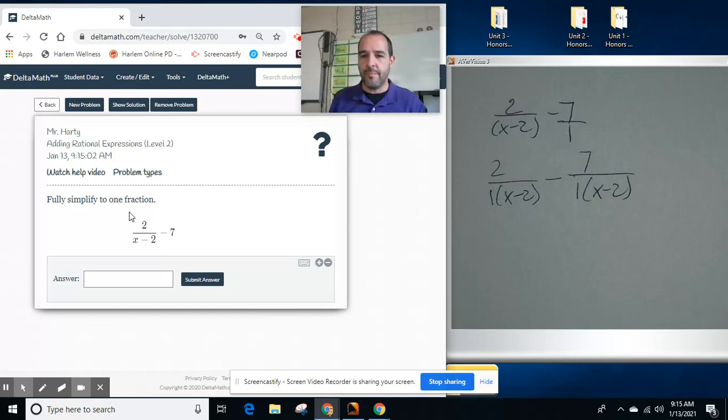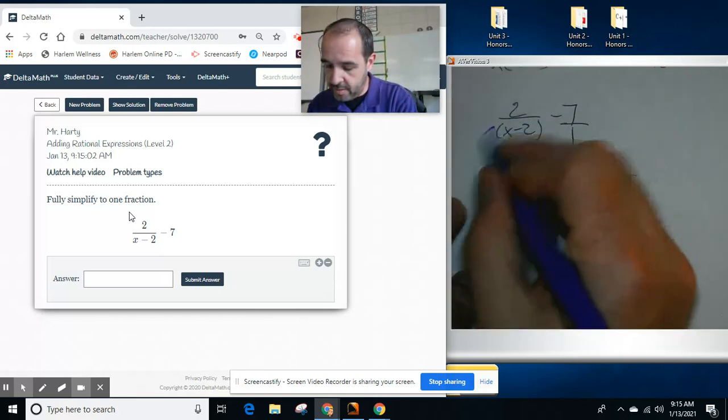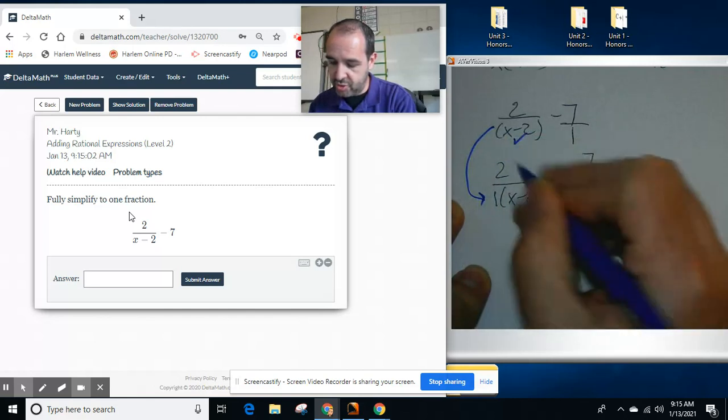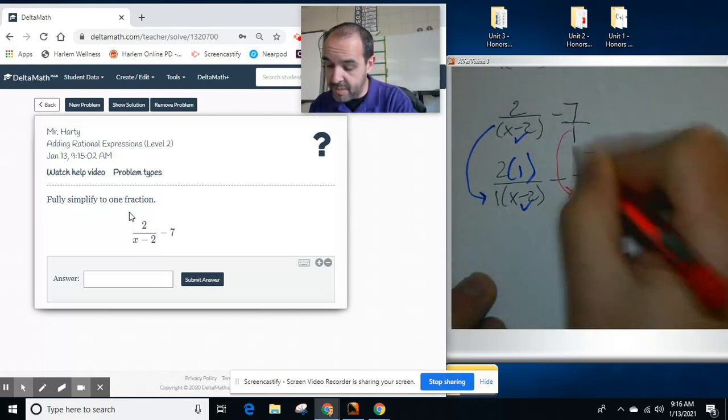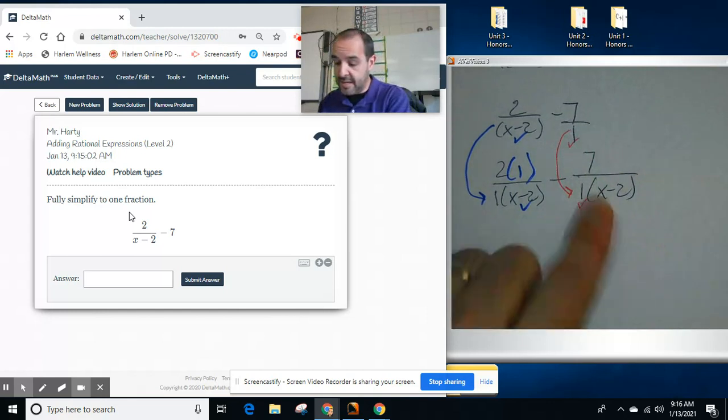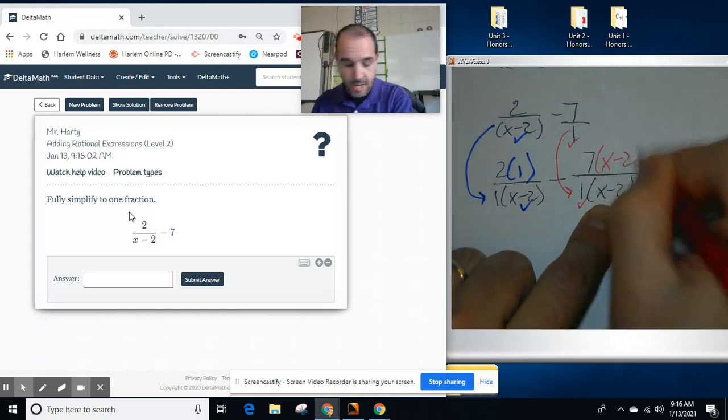Why is that important? Because now when I go to build, I've got the x minus 2. Okay, I'll put the 1 in there. But over on the second one, it reminds me there's a fraction. I still have to build. I still need this x minus 2 up here.